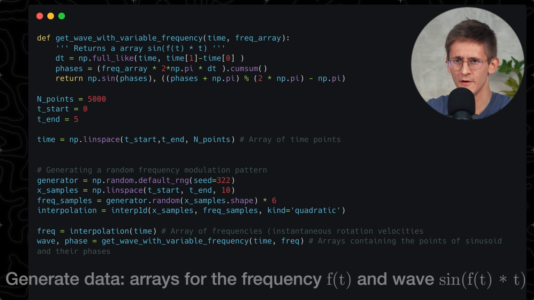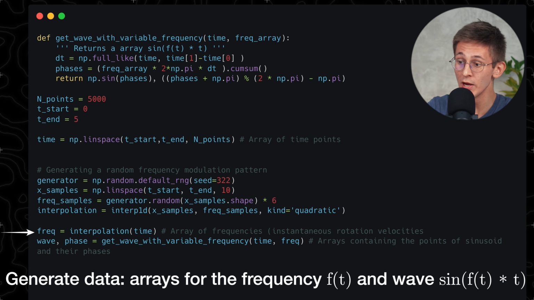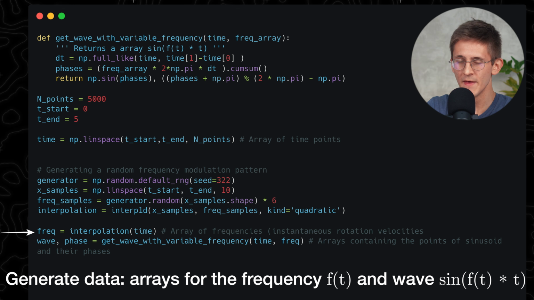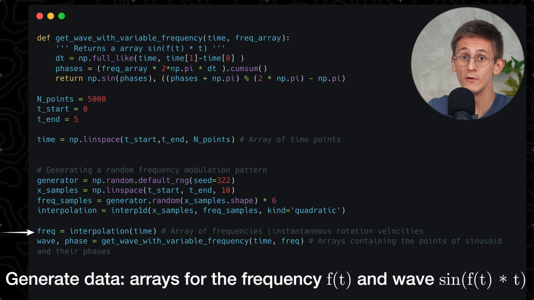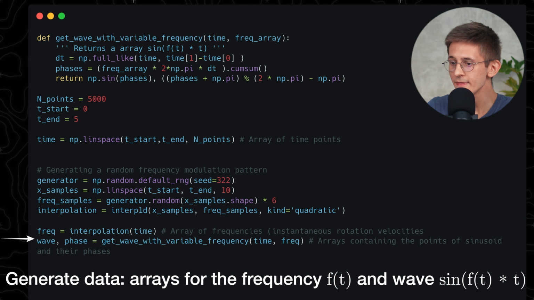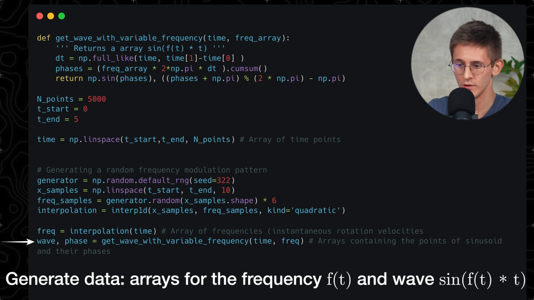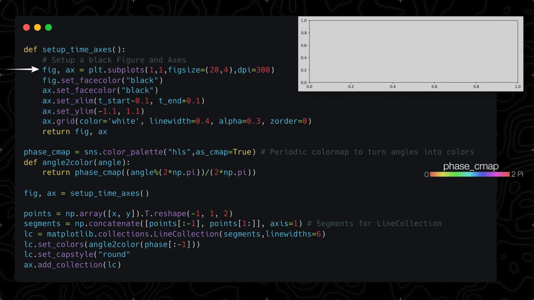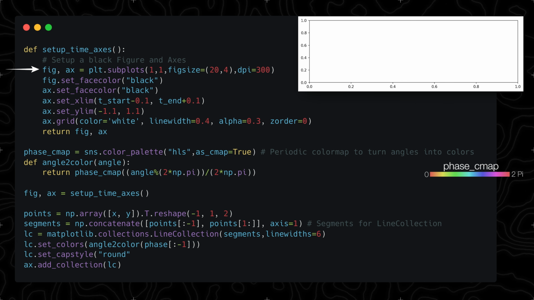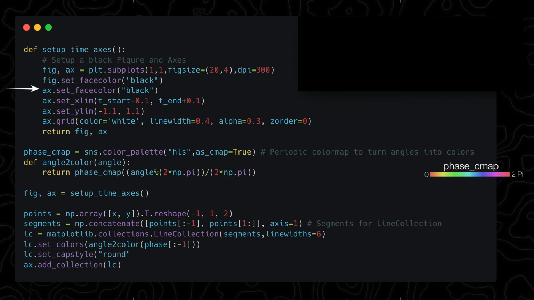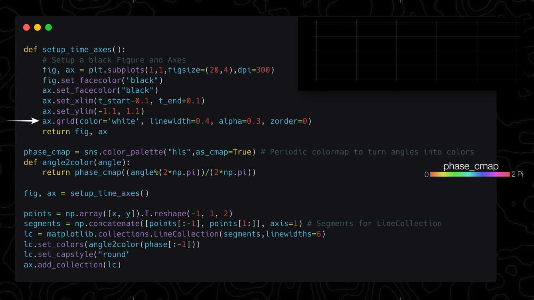Alright, so in Python, let's start off by creating an array of instantaneous frequencies that would tell the arrow how fast it should move at every point in time, and the array containing the resulting sinusoid. For visualization, let's set up a matplotlib axis with high enough resolution, make it completely black, and add a nice thin grid.